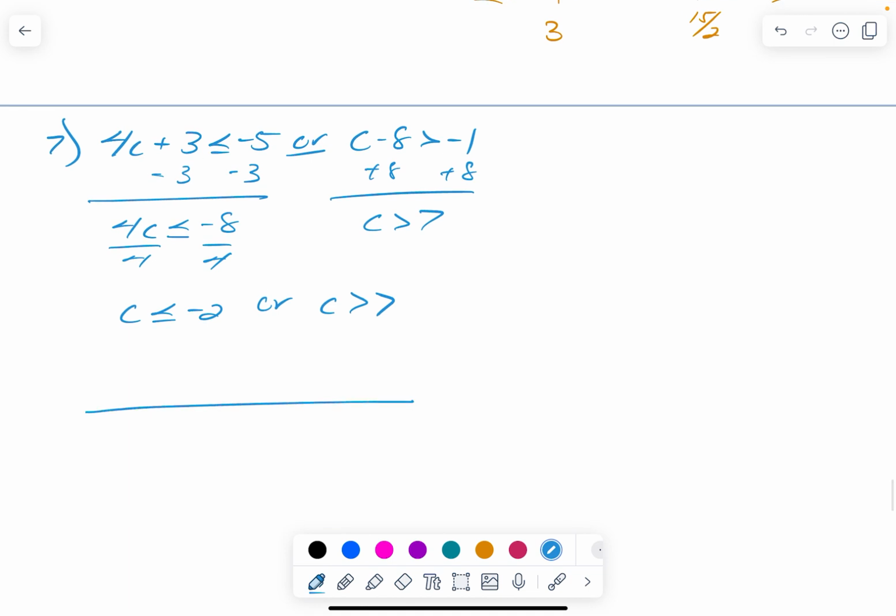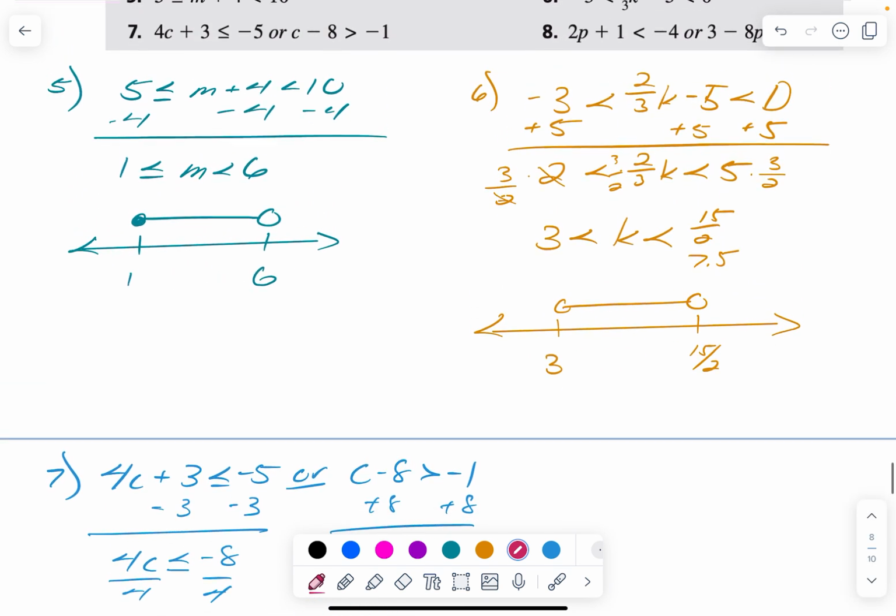So if we graph that, -2, 7, there we go.